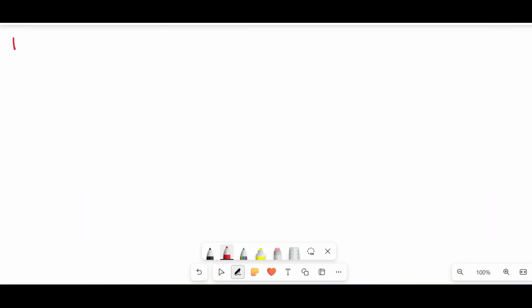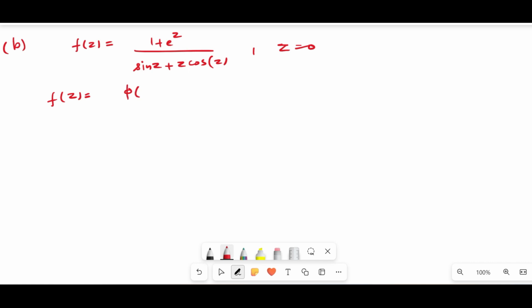So now in problem B, the given function f of z is (1 plus e to the power of z) over (sin z plus z cos z). So we need to find the residue at z is equal to 0. So now here we can express the function f of z as phi of z over psi of z.